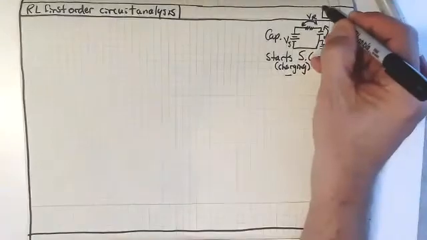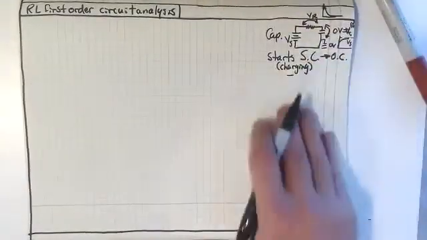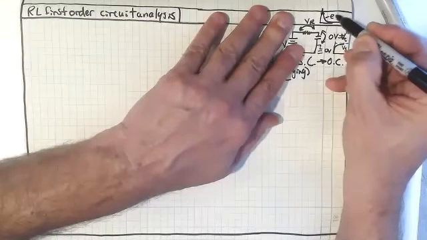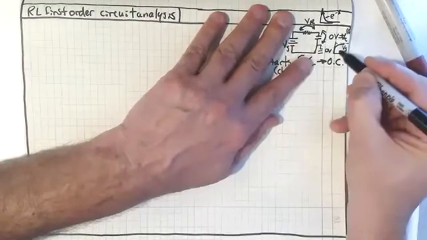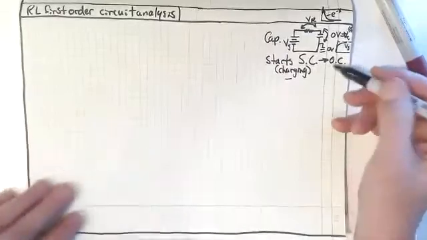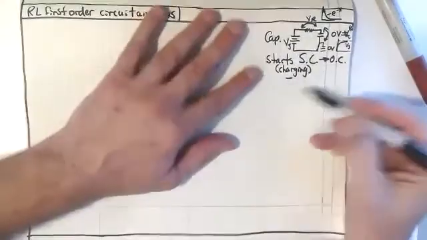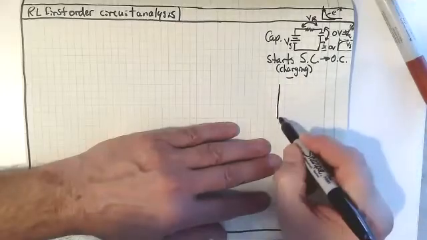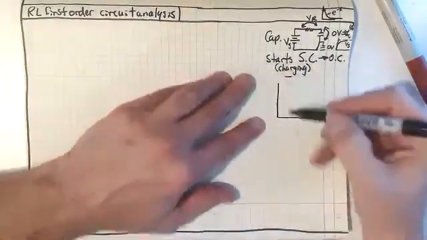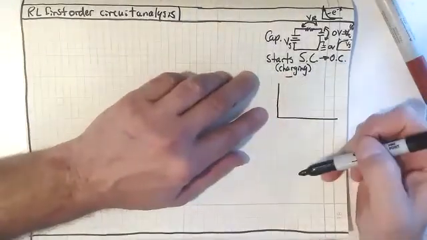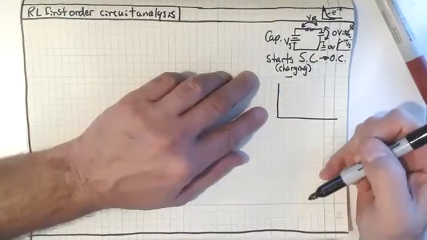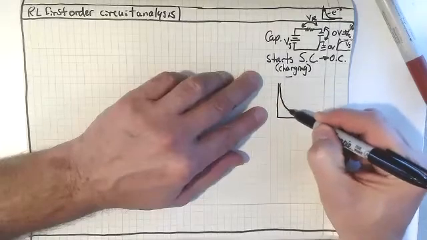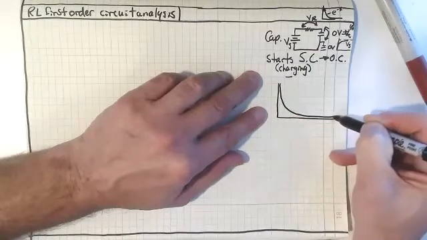And of course, this would be exponential: this would be e to the minus x, and this would be 1 minus e to the minus x. Why don't we look at those two? If we were looking at e to the minus x, we would see a function that looks like this.